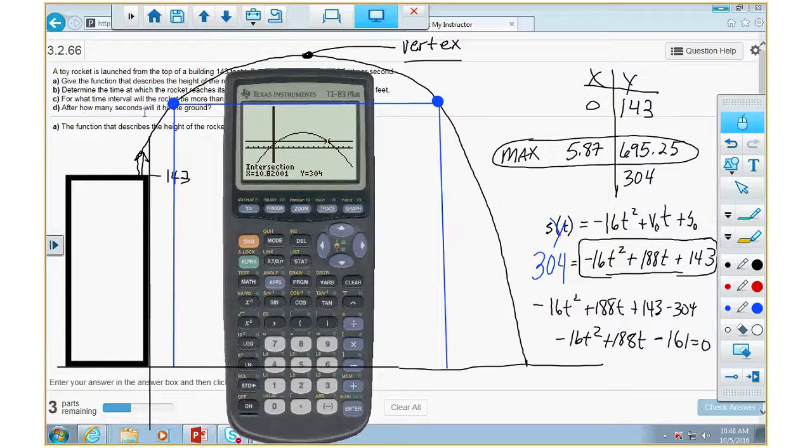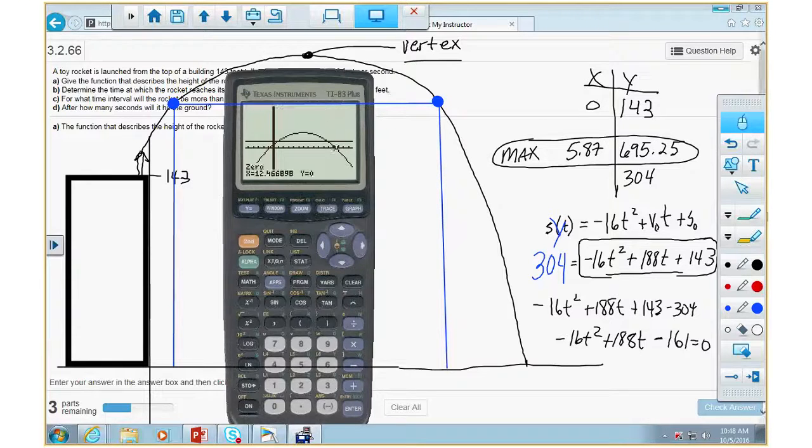After how many seconds will it hit the ground? Right here. Intersect, right there. Or you can hit second, function, calculate, and that's your 0. Left bound, you know it's hitting right around there. Go back, right around there, it's hitting the x-axis.